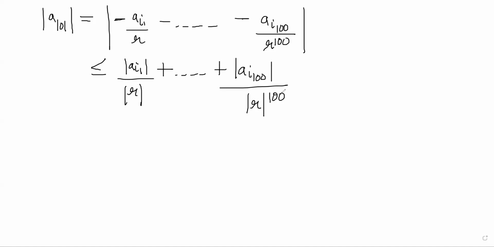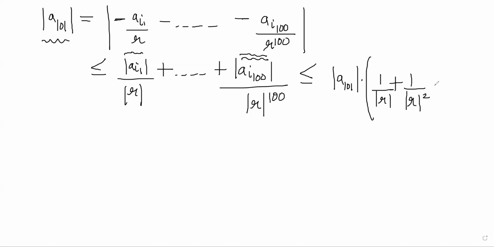And obviously, we have assumed that a101 is the maximum absolute value. So if I replace all of these coefficients with a101, that is going to be larger. We can say that this is less than or equal to mod of a101 times 1 by mod r plus 1 by mod r square till 1 by mod r power 100. I have just replaced each coefficient with a larger term.